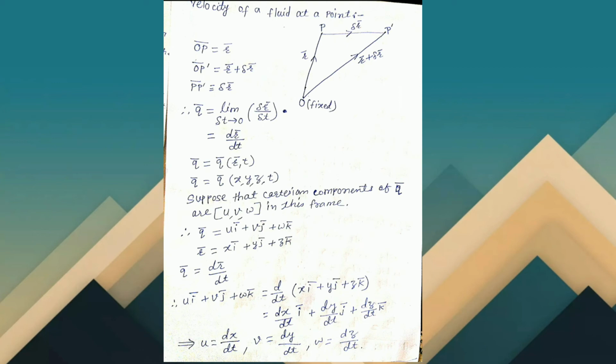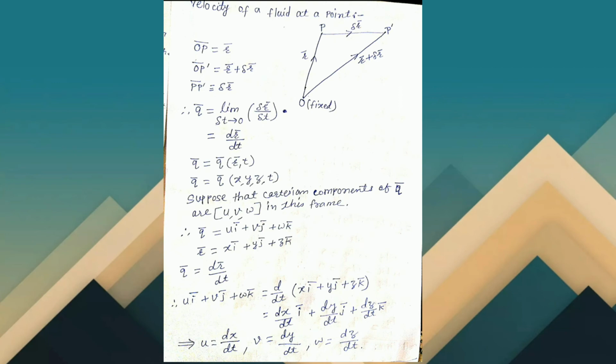Now let us further suppose that u, v, w are the Cartesian components of q bar in this frame. Then we have q bar is equal to u i bar plus v j bar plus w k bar.